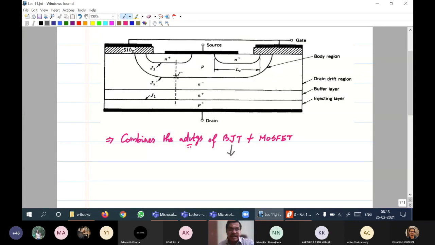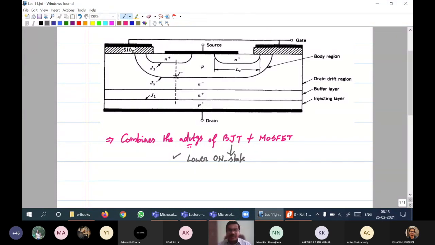We'll write that BJT has got the lower on-state drop. In fact, I had mentioned when I introduced MOSFET in the first session that there are practical devices with low RDS on, low values of drain source resistance as well.